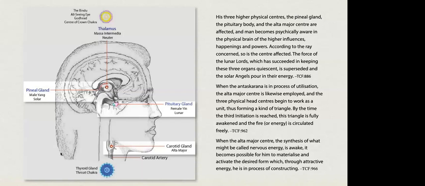So, we've read about the fiery triangles. We went through the whole section on the raising of the Kundalini and how these different fiery triangles are formed. Well, the last one of these, the triangle in the head, is formed between these three centers.